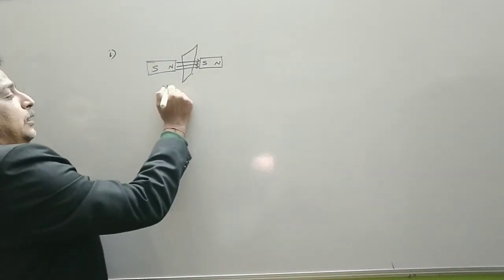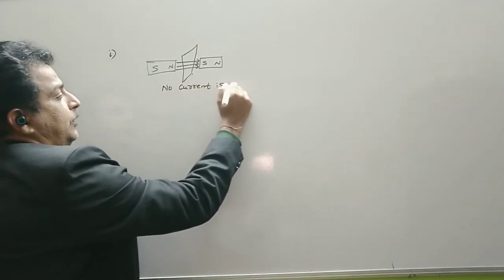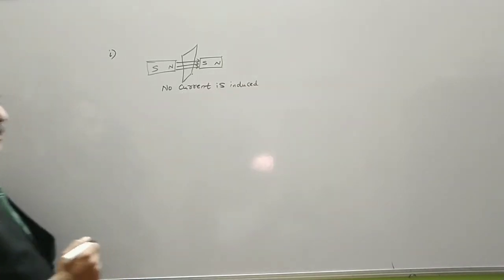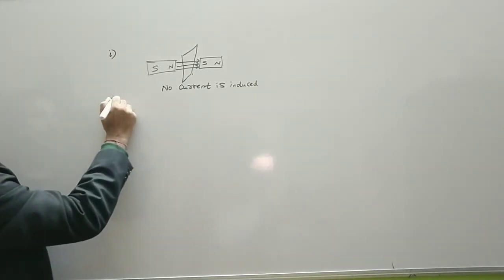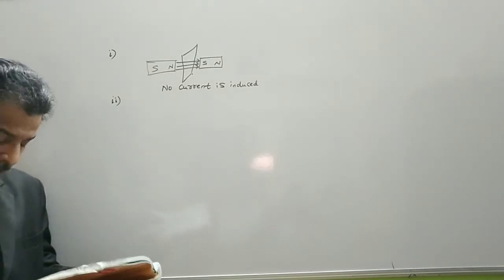So no current is induced even if B is increased. If B is variable, continuously changing, then the current will be induced. Here, if I change the magnet, the magnetic field intensity may increase, but it is not variable. Again, another magnet will produce a constant magnetic field.